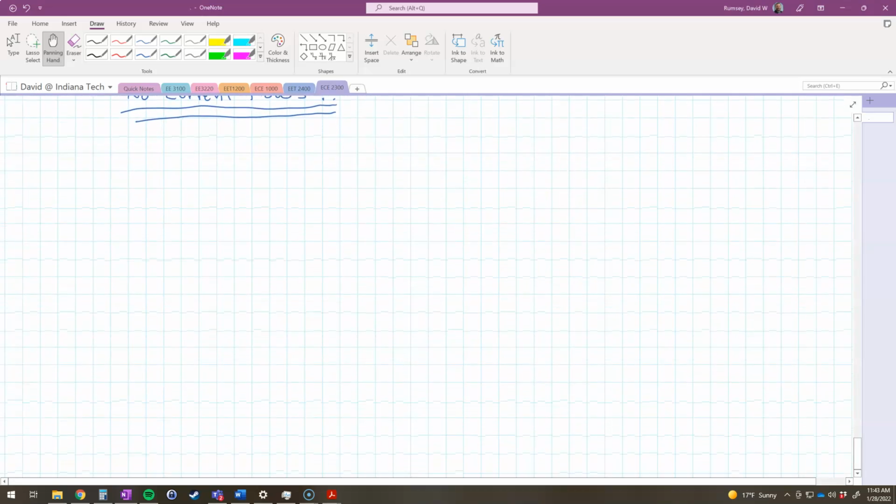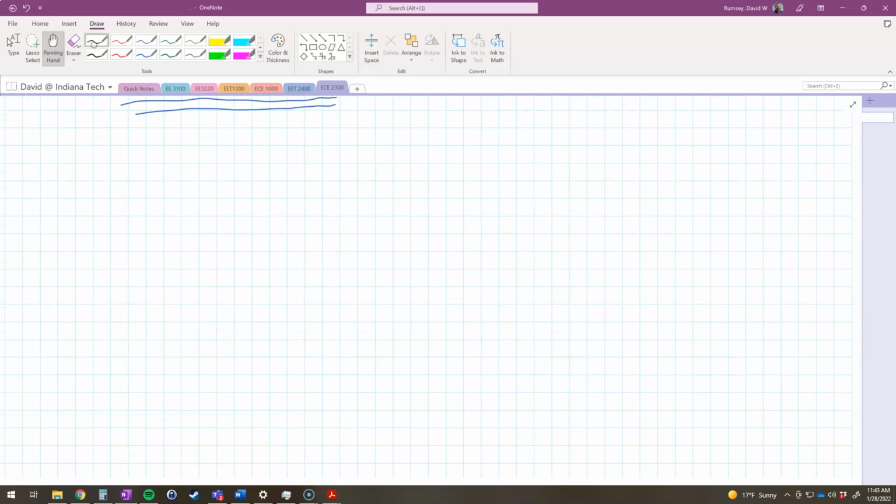Well, you can probably guess the next thing we're going to look at is, what happens if you have a forward biased diode? So let me draw another diode here. Let me make it a little bit longer than what I had.